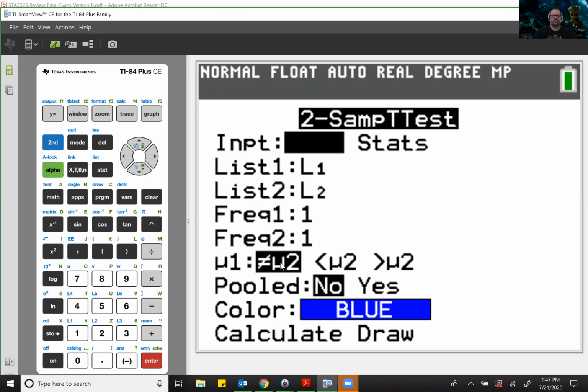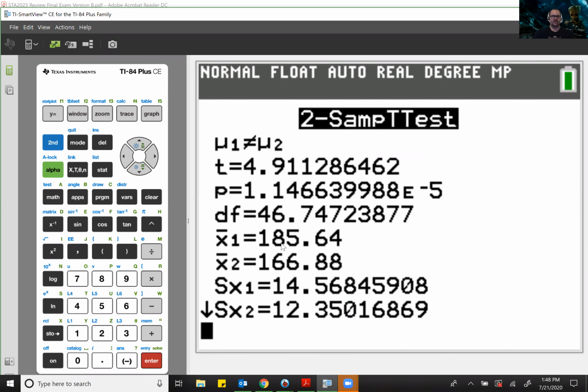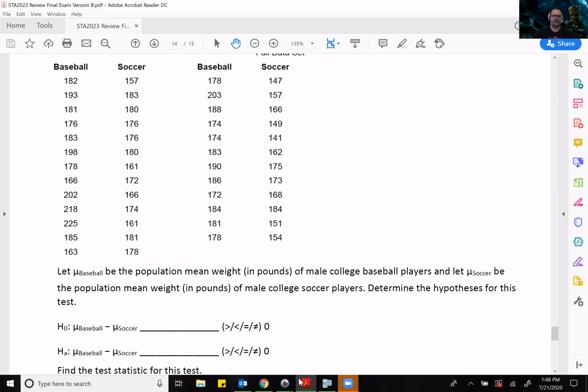And you want to choose the not equals. So all this is good, and you leave the pooled alone. So all we got to do is come down to calculate. Okay. And there's all of our information that we want. So we'll talk about this information here in just a second. Let's go to StatCrunch and get that information and make sure that we have everything that we need.